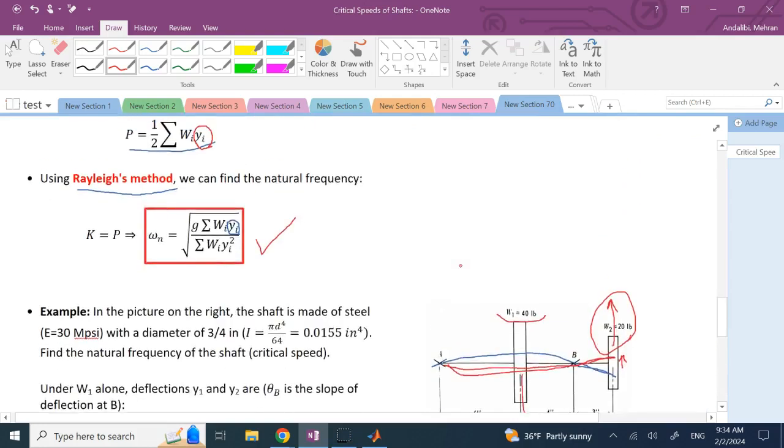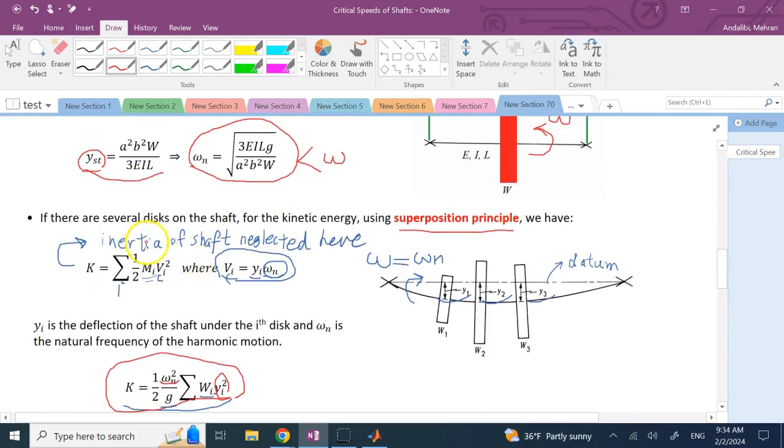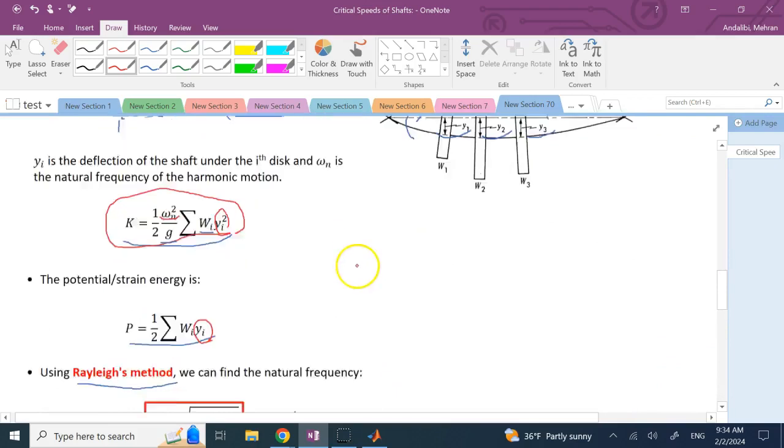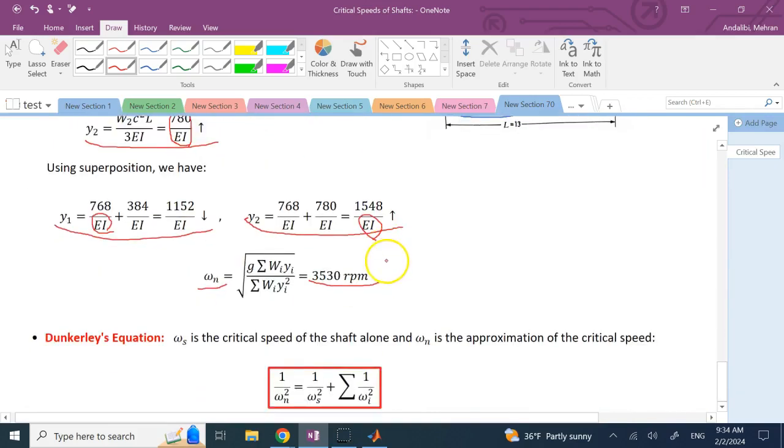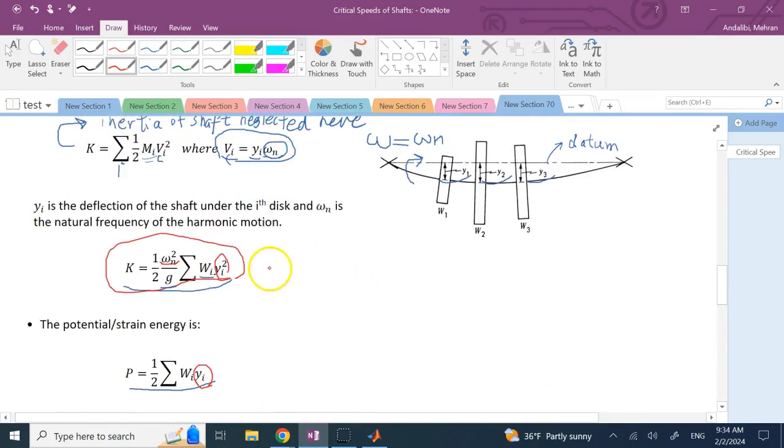Finally, remember that here we neglected the inertia of the shaft. If you want to include it, you can add it to this formula here, although it's not as simple, because if the shaft alone is spinning under this arbitrary function y of x, finding the kinetic energy of that is not as simple.